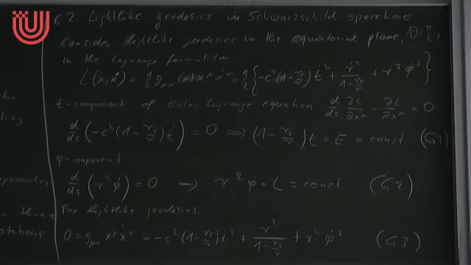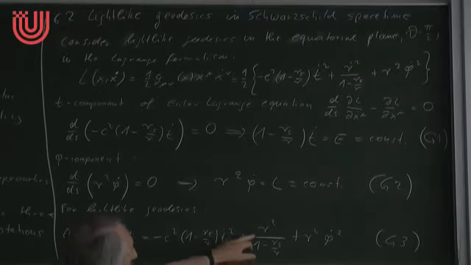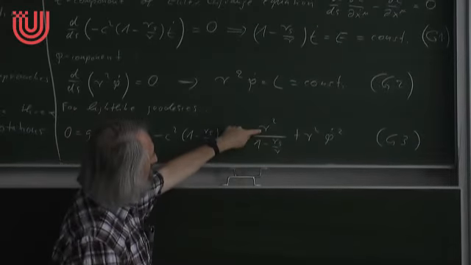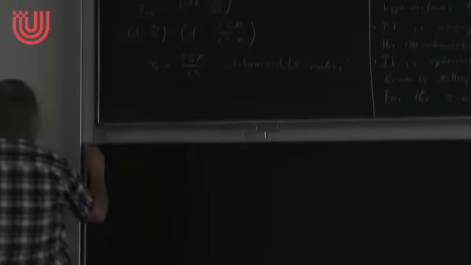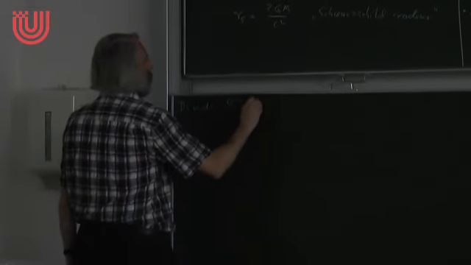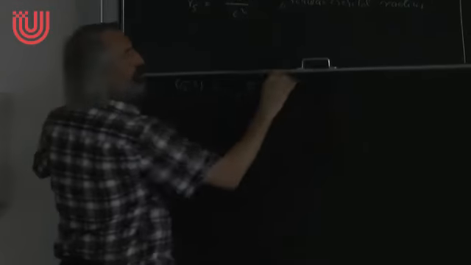So where do I have nice expressions which involve an r dot squared? Here. So I can divide this by phi dot squared. Then I get something which involves dr over d phi squared, right? So I divide g3 by phi dot squared.